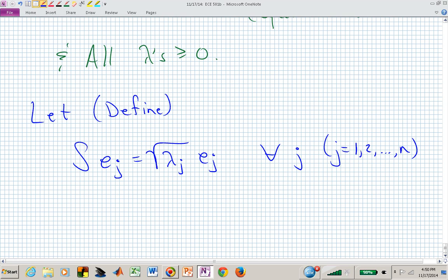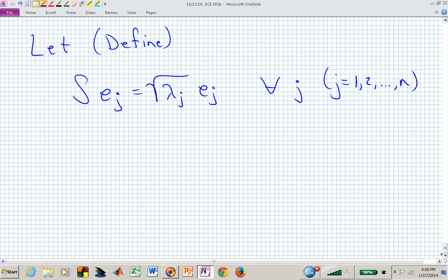This is just a definition of this operator S. And I'm going to actually sort of think of S as a matrix now. If that's true, what have we just sort of created? I can now combine all these e sub j's into a matrix where it's E1, E2. These are just columns. These are eigenvectors.